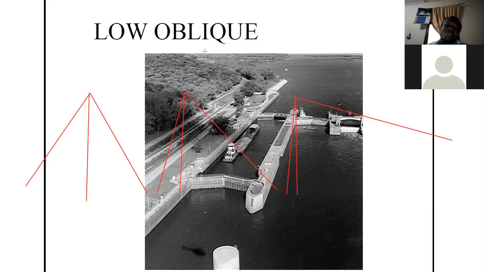You can associate values to them only when we are talking about vertical and tilted photographs. A tilted photograph is unintentionally tilted, but an oblique photograph is intentionally tilted. Is that okay? All right.